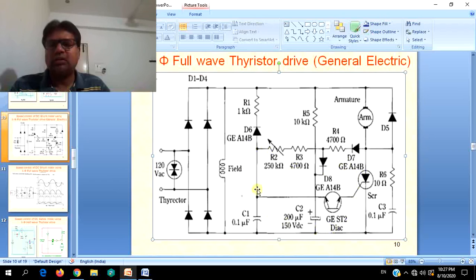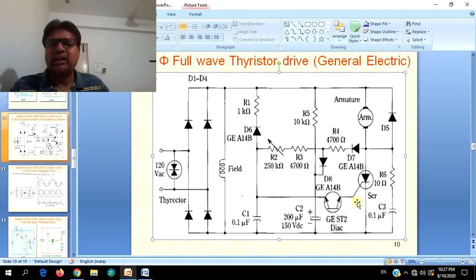So the total circuit is designed such that the SCR gets turned on in each half cycle, that is at alpha, at pi plus alpha, at 3 pi by 2 plus alpha, at 2 pi plus alpha, likewise.